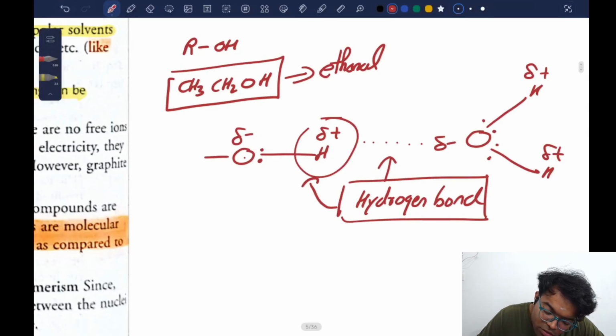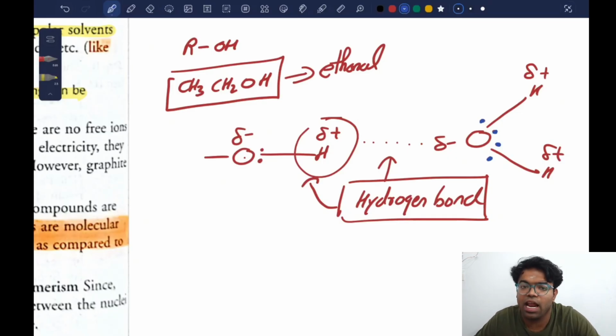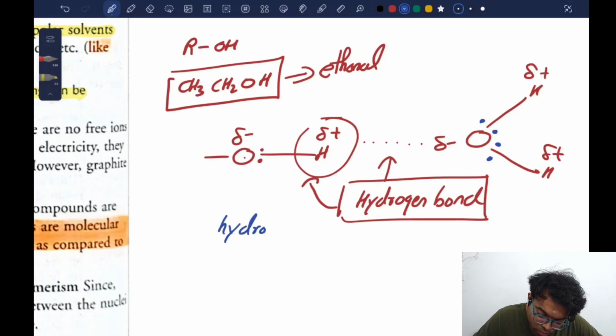So basically, these two are the electrons being shared between oxygen and hydrogen, but because of oxygen's selfishness, it is attracting both these electrons towards itself. Therefore, this has a partial negative charge, and the water molecule's hydrogen has a partial positive charge. This is the hydroxyl bond. This is a water molecule.